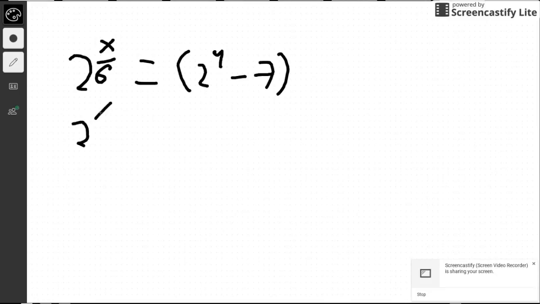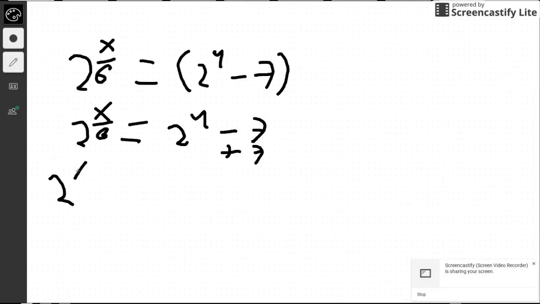Now you're going to want to walk through this over and over because it's going to be really strange. You leave the 2 to the y, and you have minus 7. Now you add 7 to both sides, normal algebra 1 and algebra 2. So you get 2 to the power of x over 6, plus 7, equals 2 to the power of y.